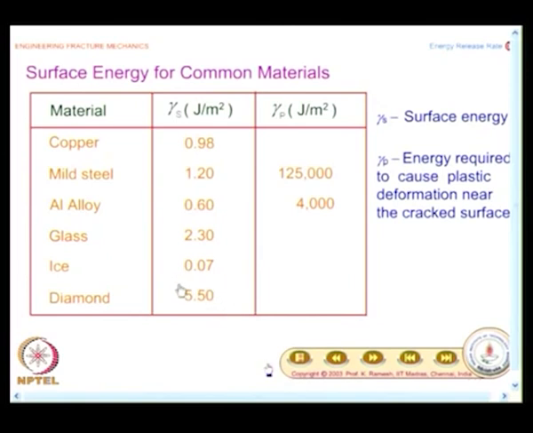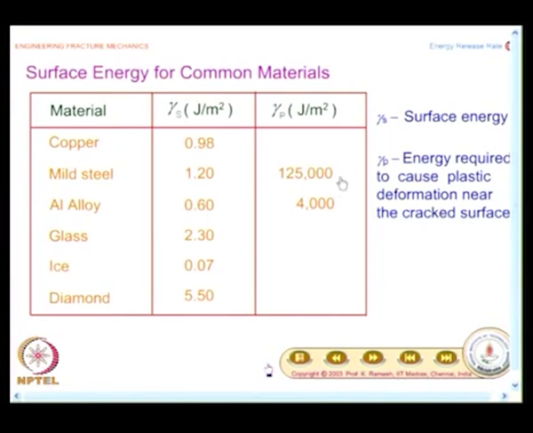Griffith could not have worked on diamond because it is so expensive. So, he worked on glass, and you find glass has the highest surface energy compared to other materials excluding diamond. And this table also gives another energy, which is given as gamma p, which is the energy required to cause plastic deformation near the cracked surface.